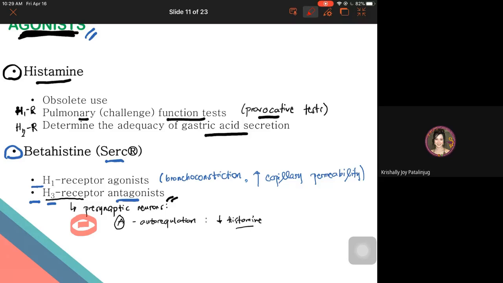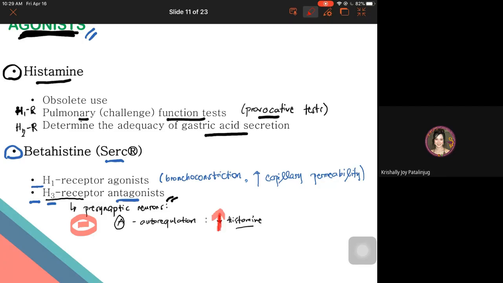Okay? So, kung pigil ang auto-regulation, there would be, okay, further continue ang release ng histamine. Okay, so taas yung levels ngayon ng histamine if it is classified as H3 receptor antagonist.